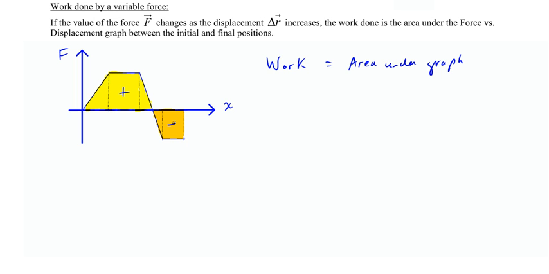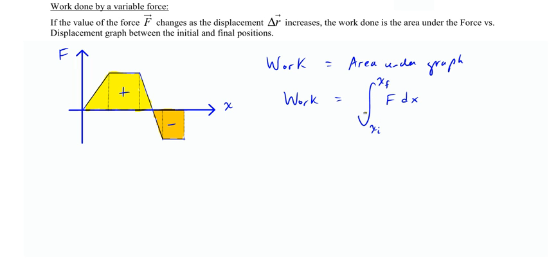If you want a calculus definition, for those of you in calculus, work is really equal to the integral of the force F_x times dx, from the initial position to the final position. Now this is not a calculus-based course, but this is the more appropriate definition of calculating the work done.